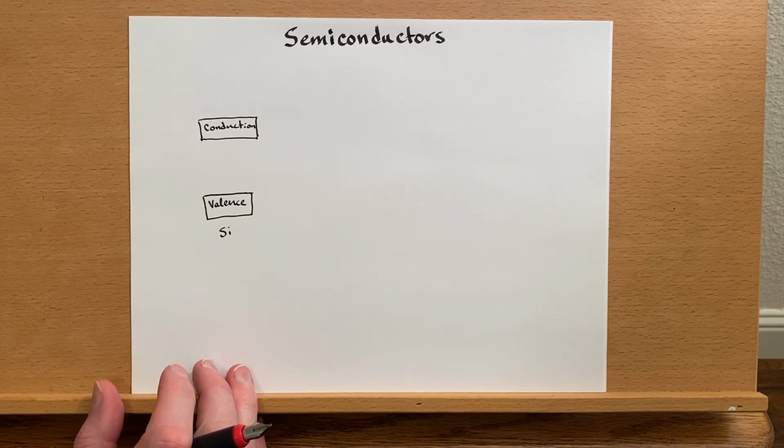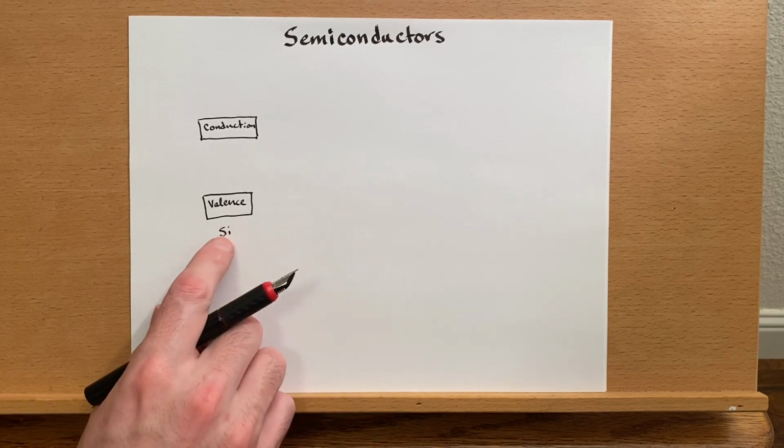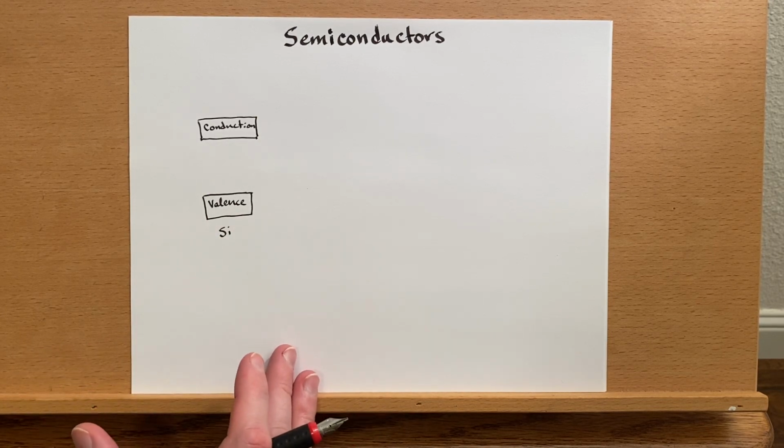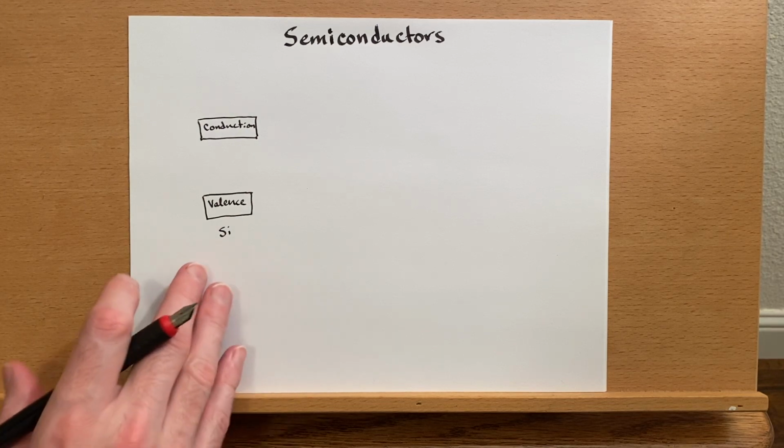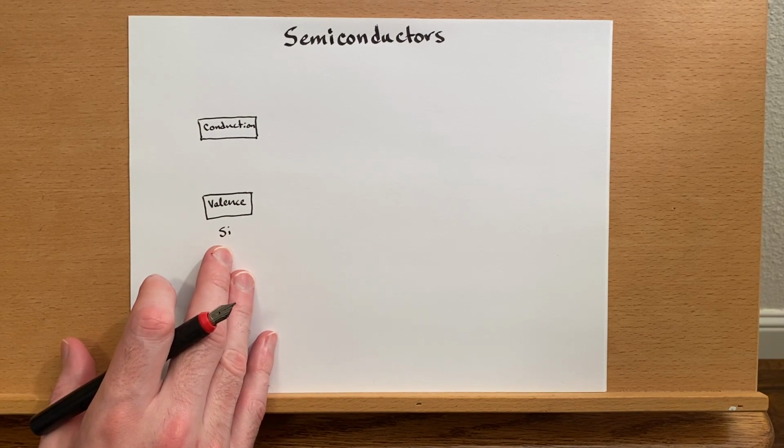Well, we kind of create an alloy between the silicone and something else. It's not really an alloy because these are metalloids, but we do add in what's called a dopant, or put a little bit of something in to change the properties of just the silicone.